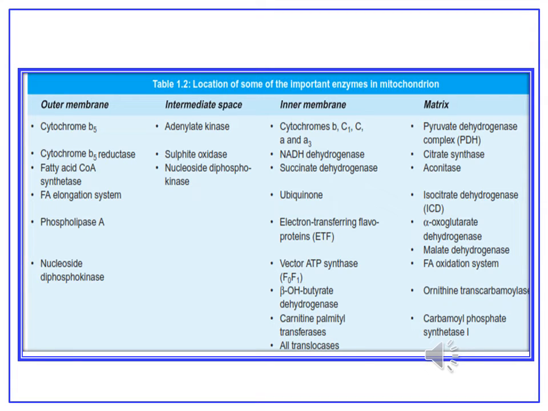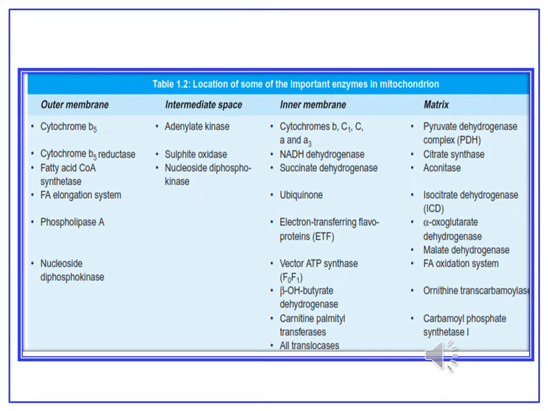The outer membrane contains cytochrome b5, cytochrome b5 reductase, fatty acid CoA synthetase, fatty acid elongation system, phospholipase A and nucleoside diphosphokinase. The intermembrane space contains adenylate kinase, sulfite oxidase and nucleoside diphosphokinase.